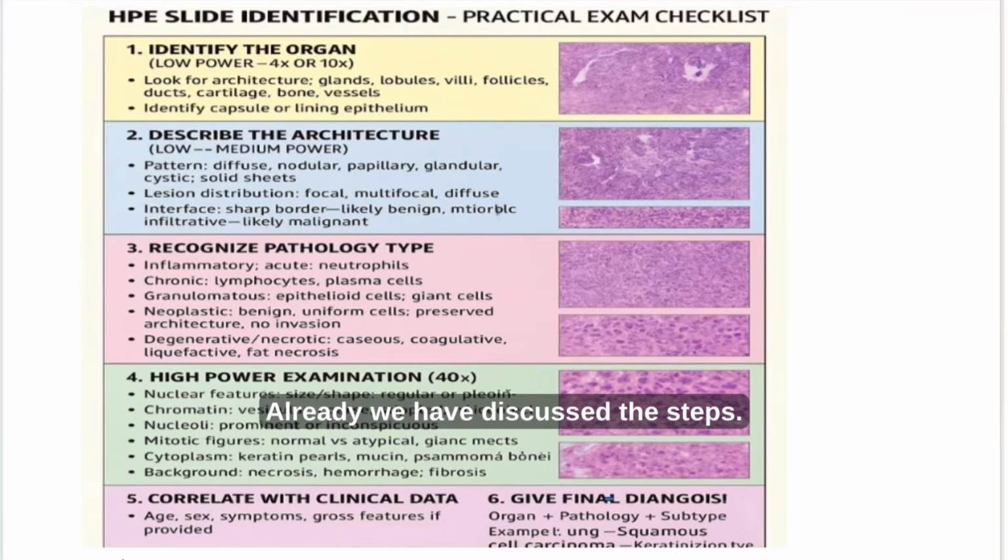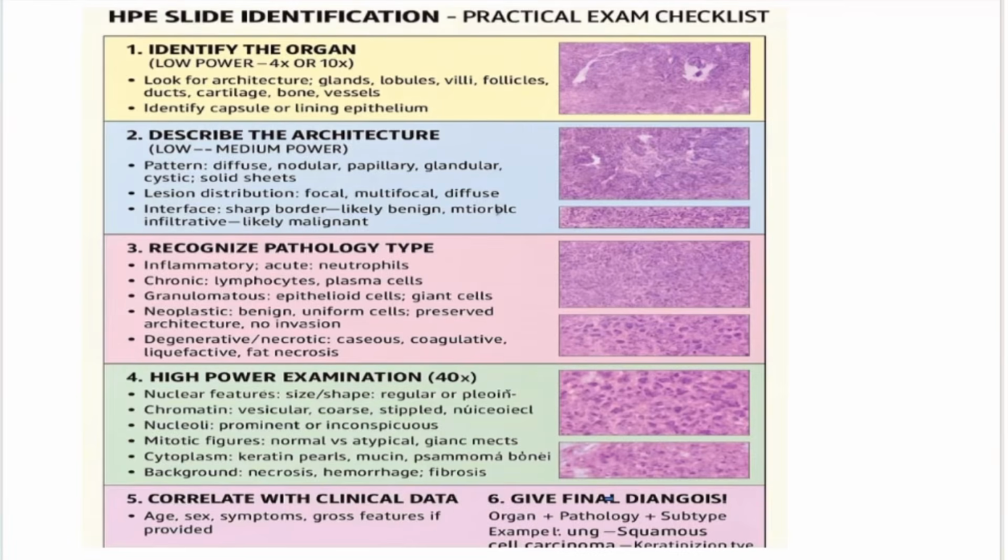Already we have discussed the steps. First identify the organ, then describe the architecture, then the type of pathology, high power view of cellular and nuclear details, correlate with data if provided, and give your final diagnosis.